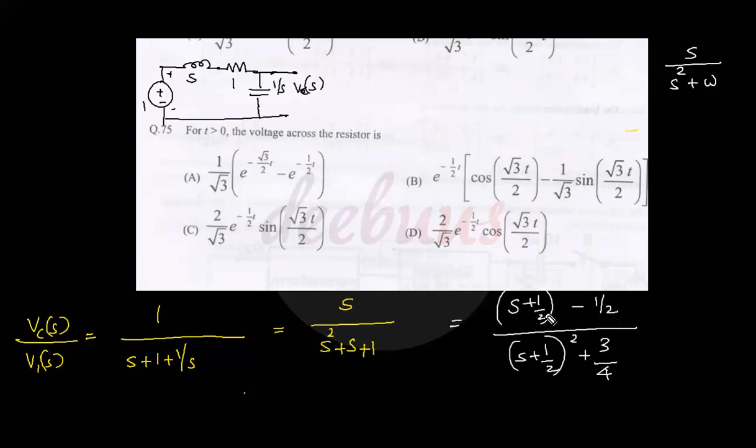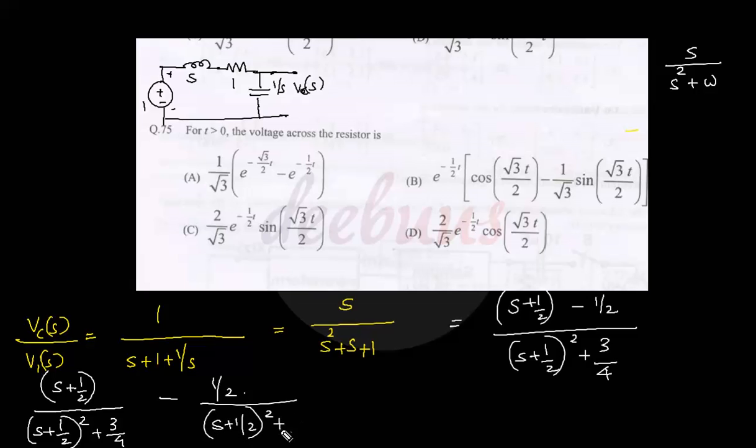So (S + 1/2 - 1/2) divided by (S + 1/2)² + 3/4, right. Now I can split it into two terms: the first term is (S + 1/2)/((S + 1/2)² + 3/4), minus (1/2)/((S + 1/2)² + 3/4), right.